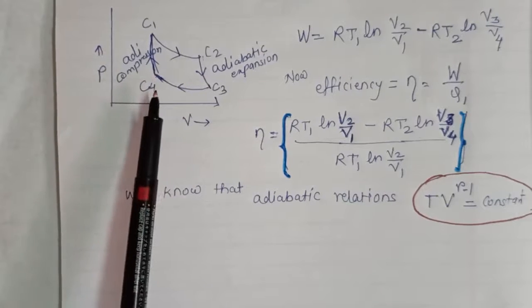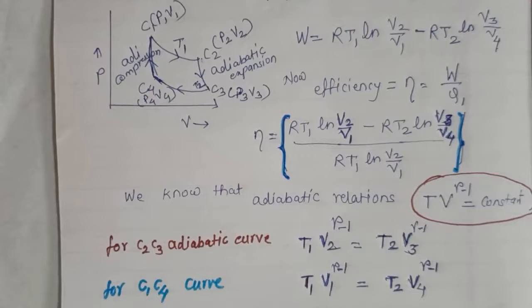Then for adiabatic curve C2, C3 we have a relation T1 V2 raised to gamma minus 1 is equal to T2 V3 raised to gamma minus 1 is equal to constant.